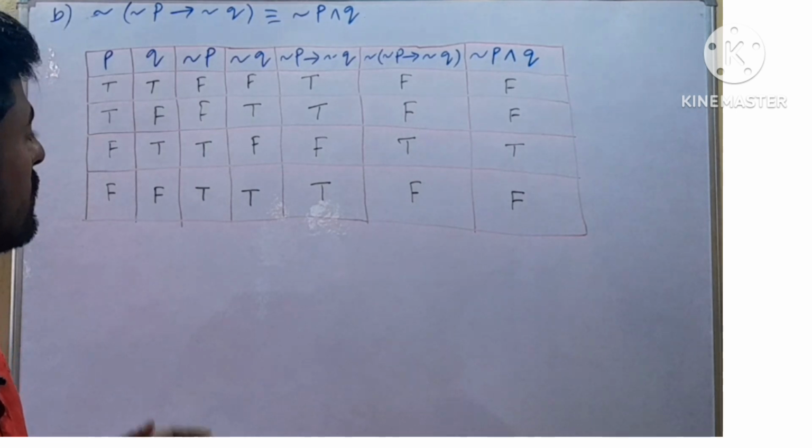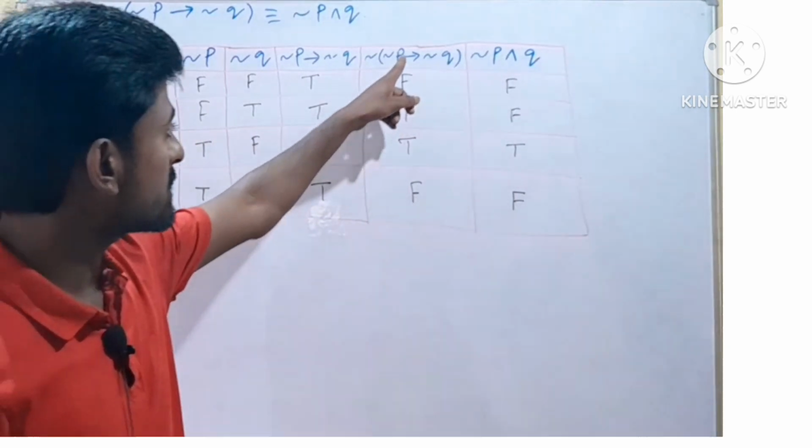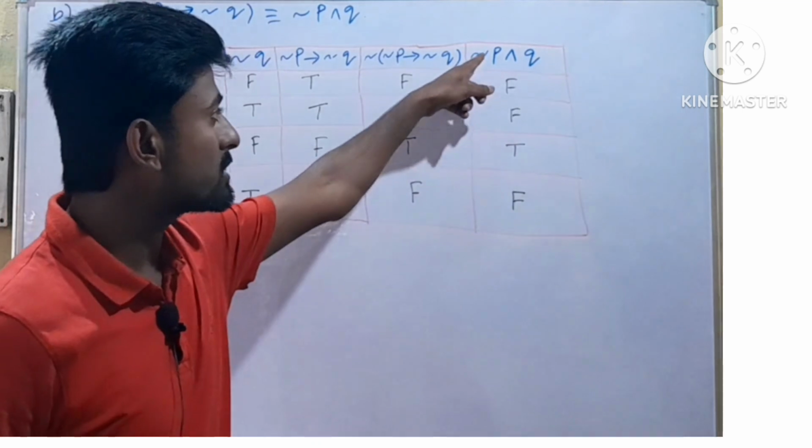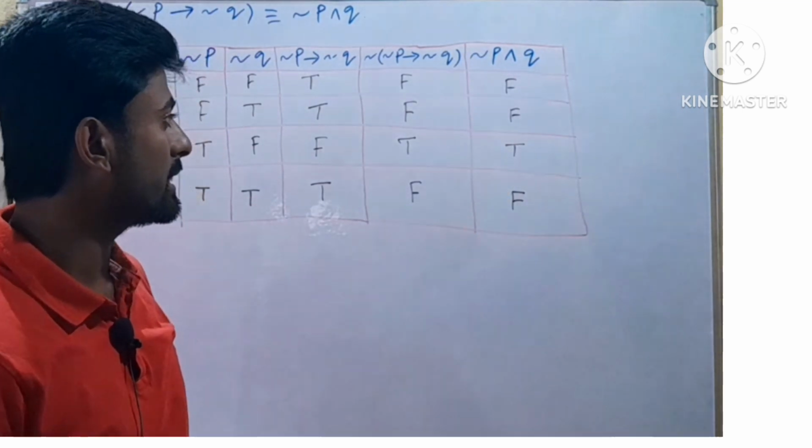From the table we observe that the elements of column 6 and column 7 are identical, that is, same.